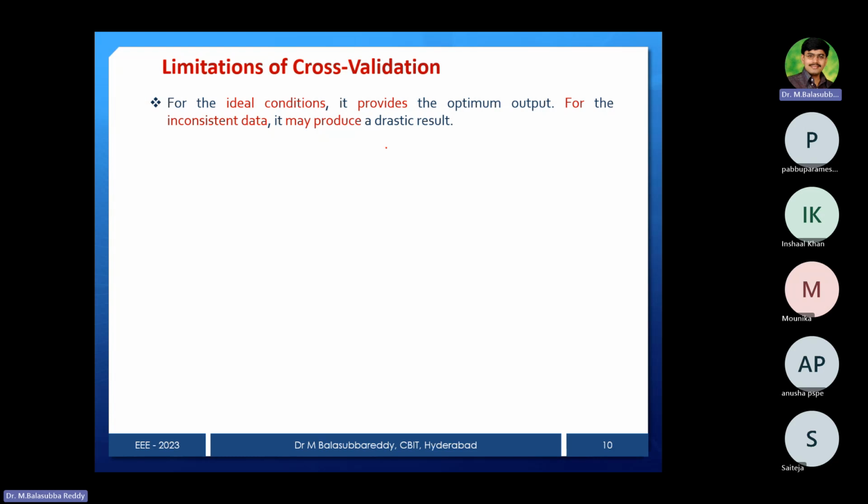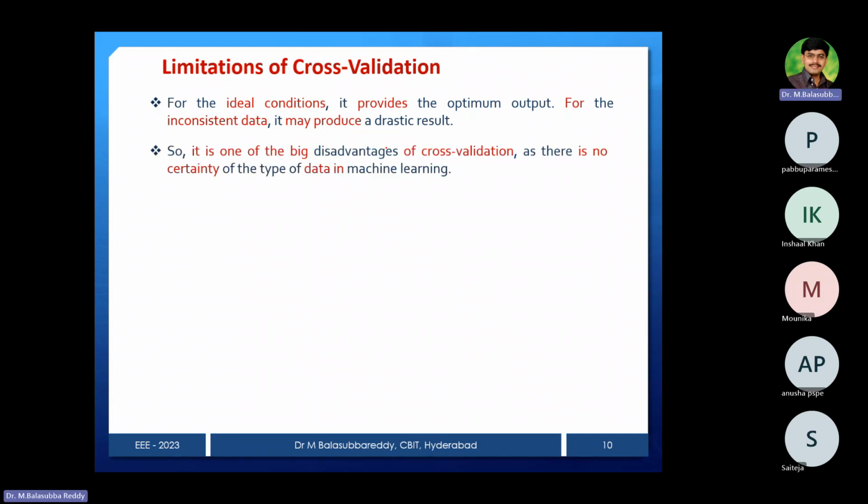In the past data, company credentials and other things may influence the data, but the present situation may vary. That is the reason we will not predict accurately, and that is what trading is like. So some drastic results may change.